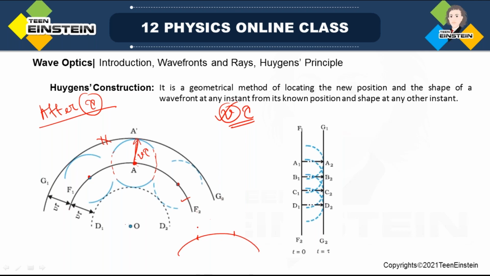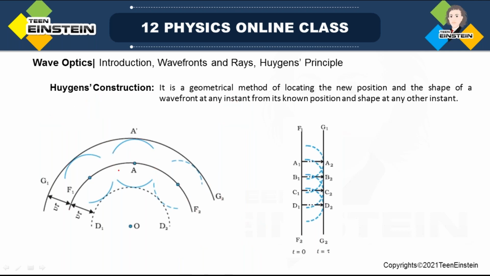But what will be the radius? V into tau. This distance is v tau. I am taking some other points also, and this is also v tau. Now if I draw a common tangent to all these, then I get the new shape and new position of the wavefront.